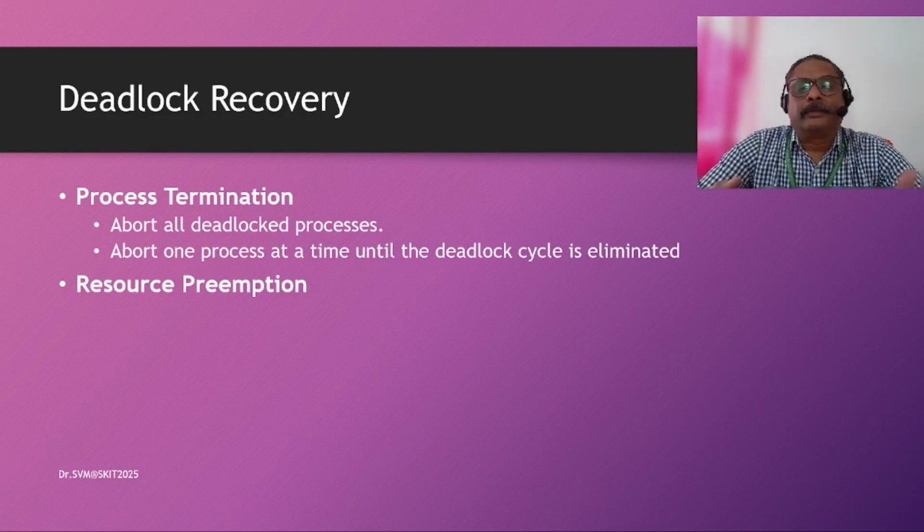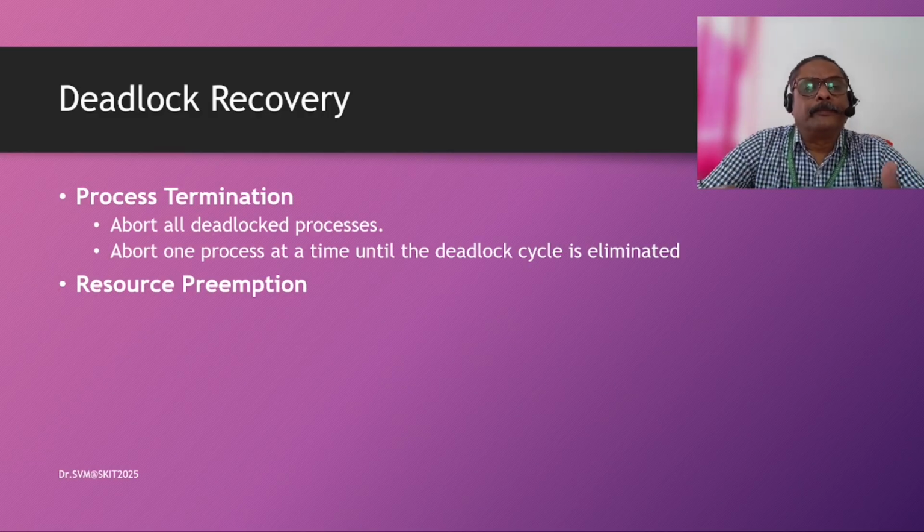That is one way. The other way is, if after preempting a resource the deadlock still continues, then look for another process and any resource it is holding, preempt it, release it forcibly, and that way we can try.